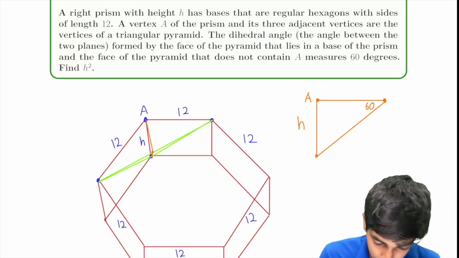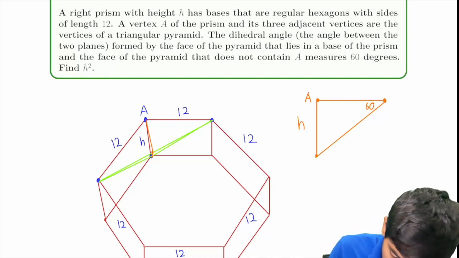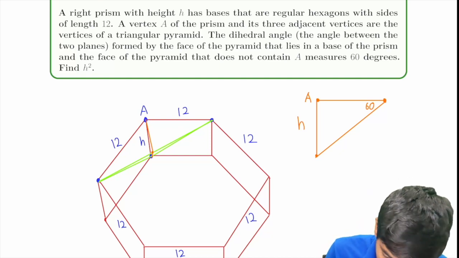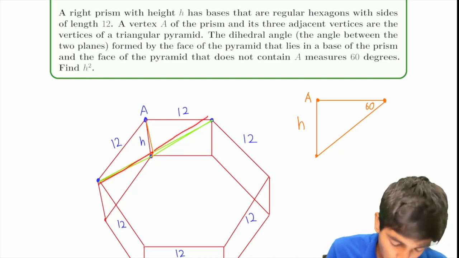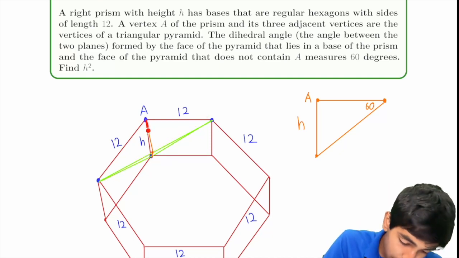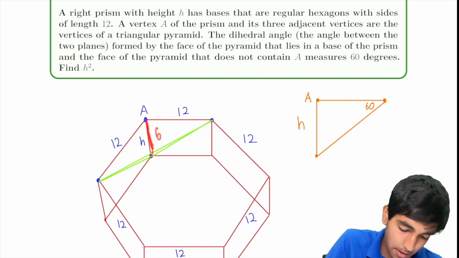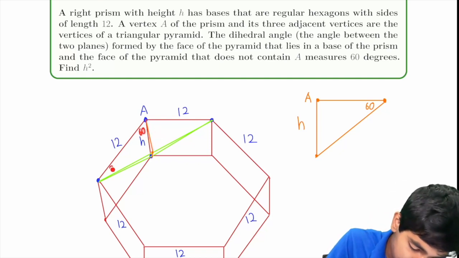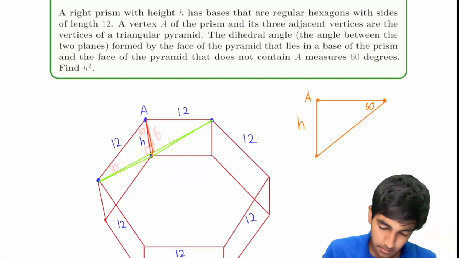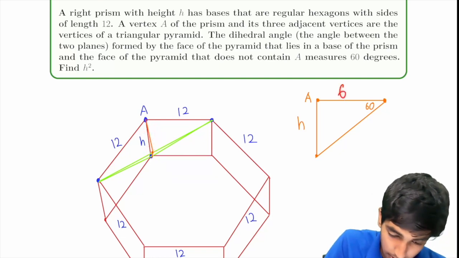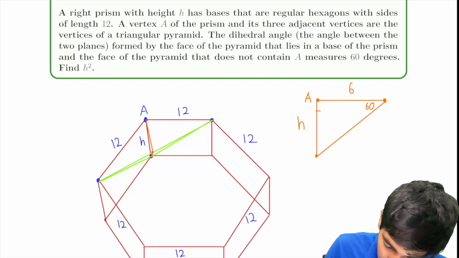So, therefore, this is going to be 6 root 3 away from here, 6 root 3 away from here, and this part over here is going to be 6 away, just by 30, 60, 90s. This distance is 6. So let's mark it 6 over there. And this is 90.